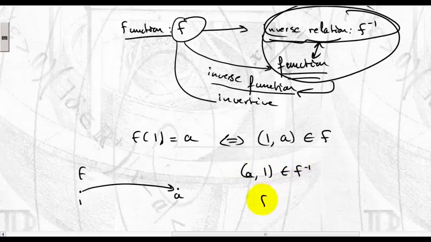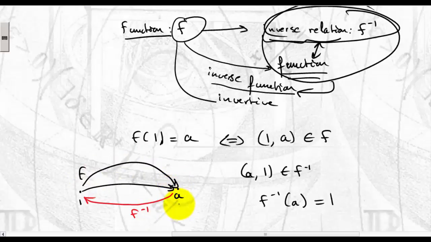Or f inverse of a is equal to 1. So f inverse brings a back to 1, okay? And that's why an inverse function, we often say that it undoes what the function does. f brings 1 to a, f minus 1 will bring a back to 1, okay?